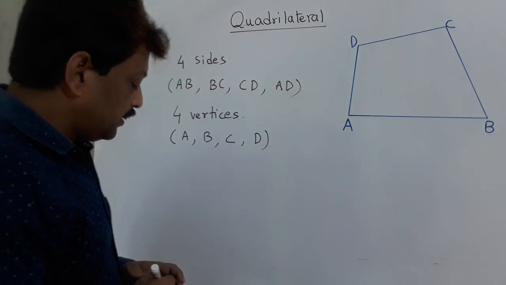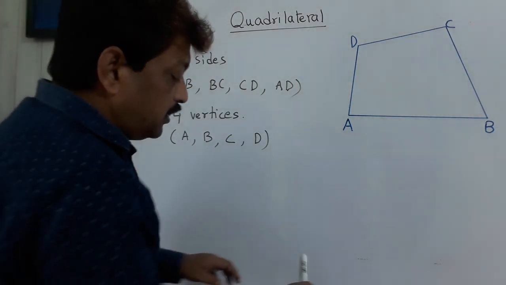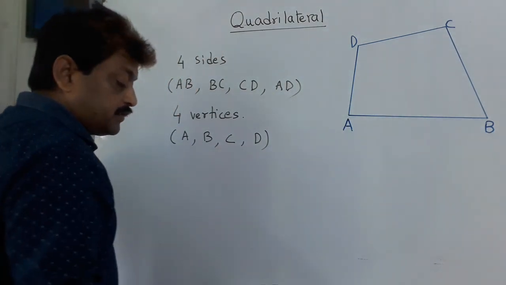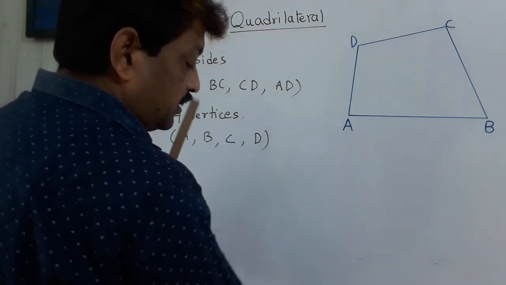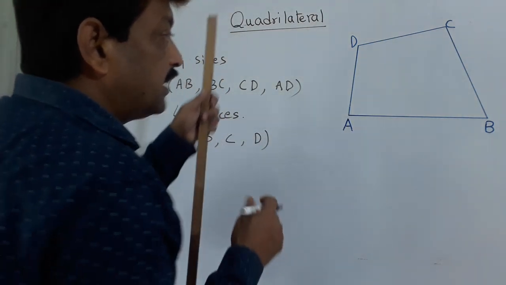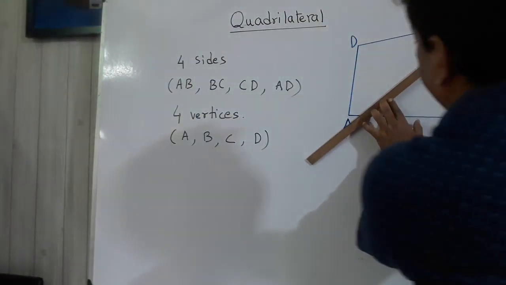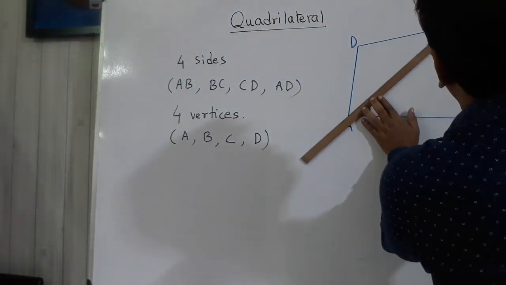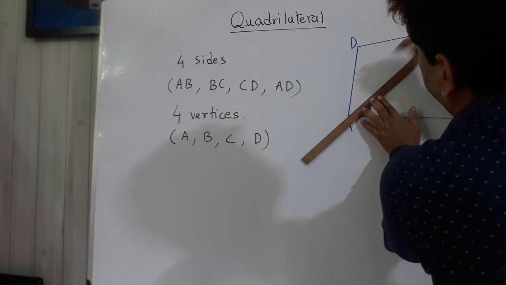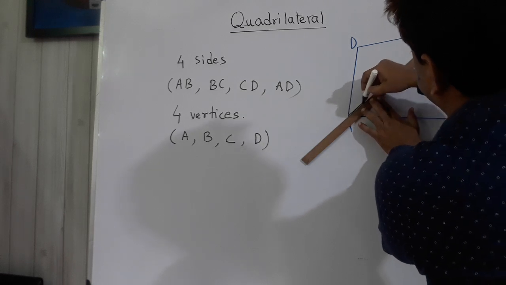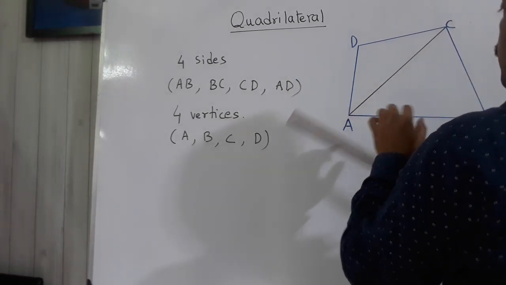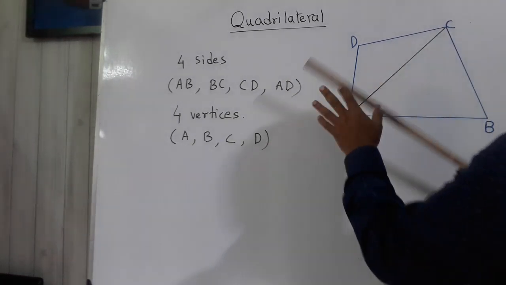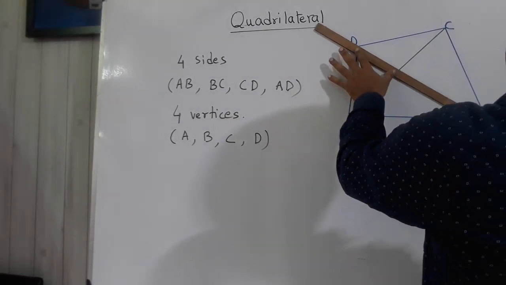Next, if we join the opposite vertices, like if we join A and C, then we'll get another line segment. And if we join B and D, then also we'll get a line segment.